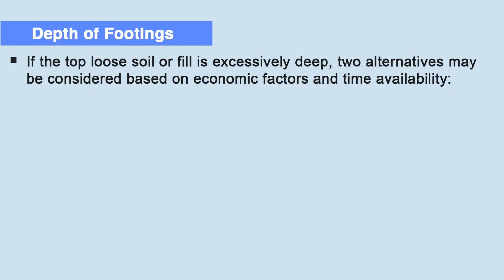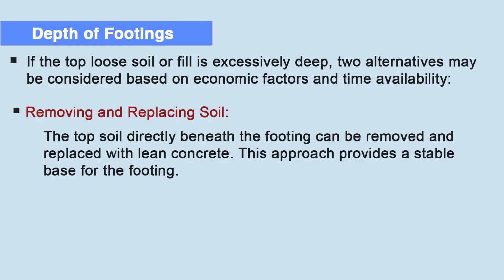If the top loose soil or fill is excessively deep, two alternatives may be considered based on economic factors and time availability. First is removing and replacing soil. The top soil directly beneath the footing can be removed and replaced with lean concrete. This approach provides a stable base for the footing.